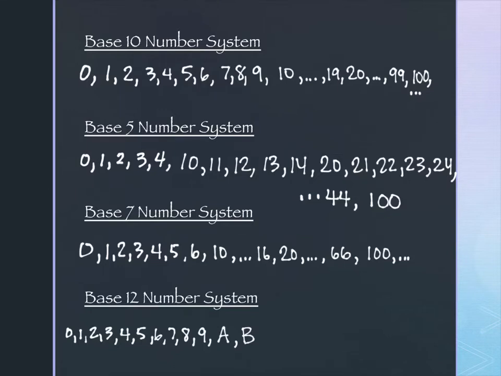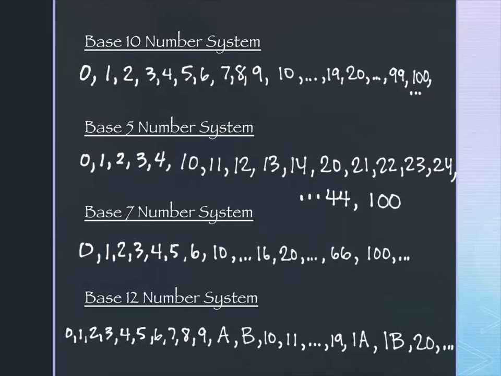So then I go to 1 0, and 1 1, and I go all the way up to 1 9. And what do you think happens after 1 9? 1A. And then 1B. And then 2 0.